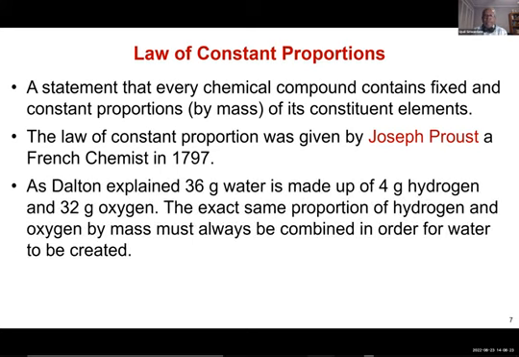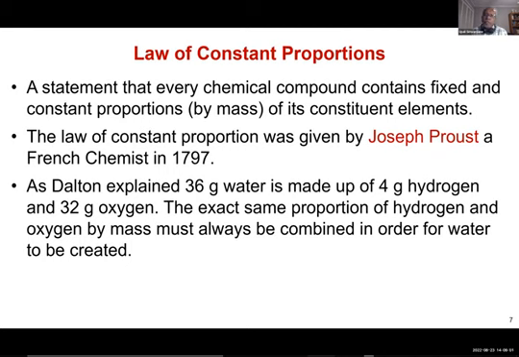Now Dalton explains this law. If you take 36 grams of water, it has 4 grams of hydrogen and 32 grams of oxygen. How do you produce water? You combine hydrogen and oxygen. So water always has this constant proportion, 4 grams to 32 grams.